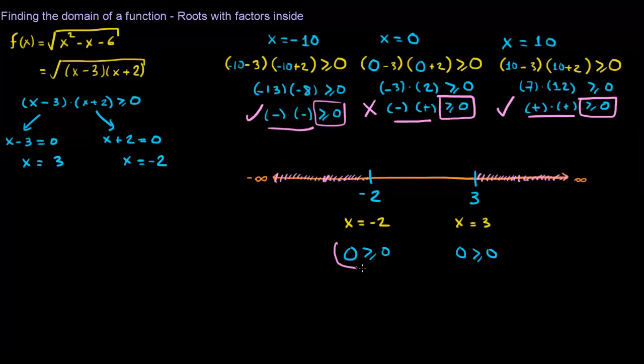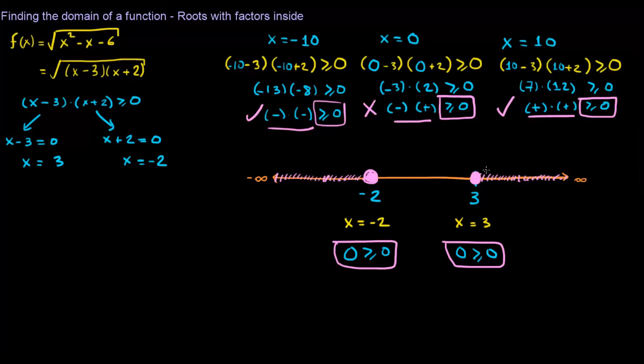Is 0 greater or equal than 0? Well, actually yes, in both cases. So that's why we include the negative 2 and the 3 in the result. That is to say, we color out the negative 2 and we include positive 3 as well.